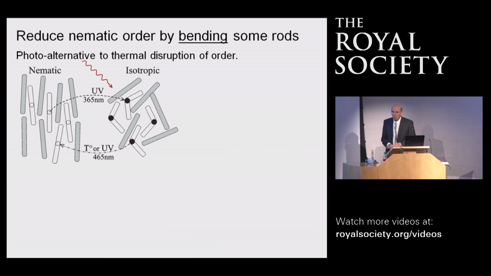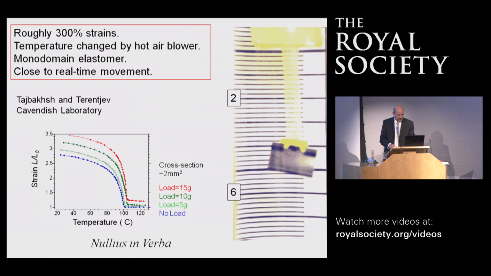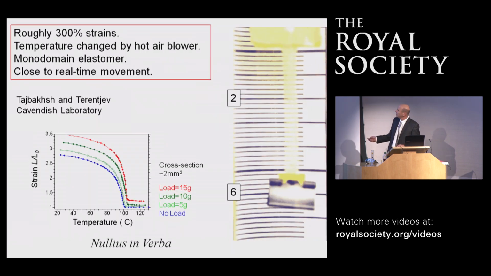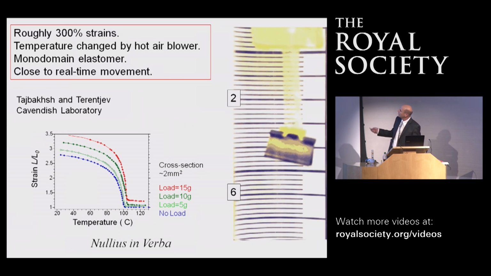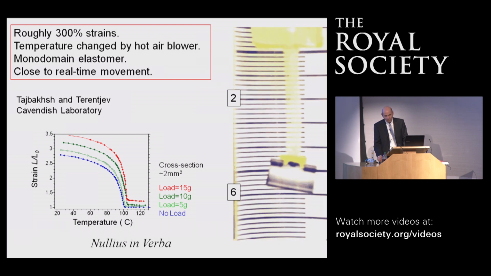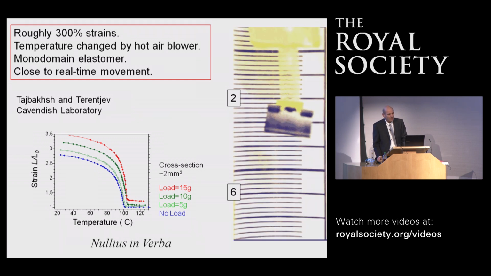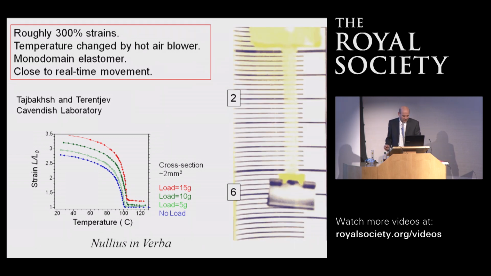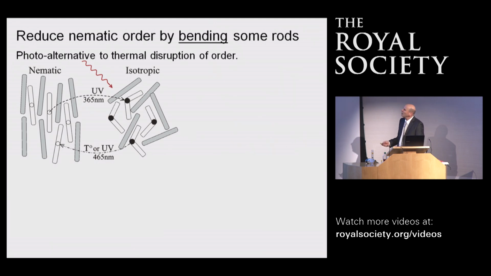Right, now, what you've seen is that these things go up and down as we change their order, in this case by blowing hot and cold air on it, as I did with this bottle. But there's another thing you can do. You can take the rods and put some guests in the rods, and these guests are prone to bending when you shine light on them. And the molecules that do that are called dyes.